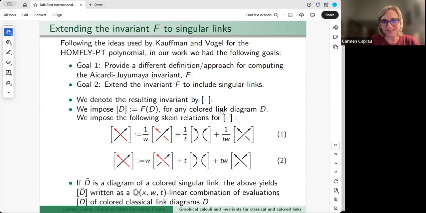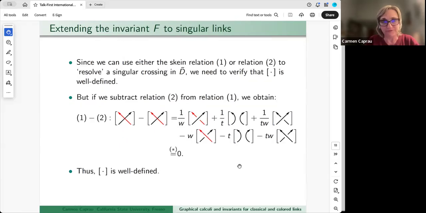But you will ask, wait a second, you can use either 1 or 2. Is the invariant, or what you are doing, well defined? So one needs to check that. So if you subtract 2 from 1 or 1 from 2, if you subtract 2 from 1 in this case, we get this expression.